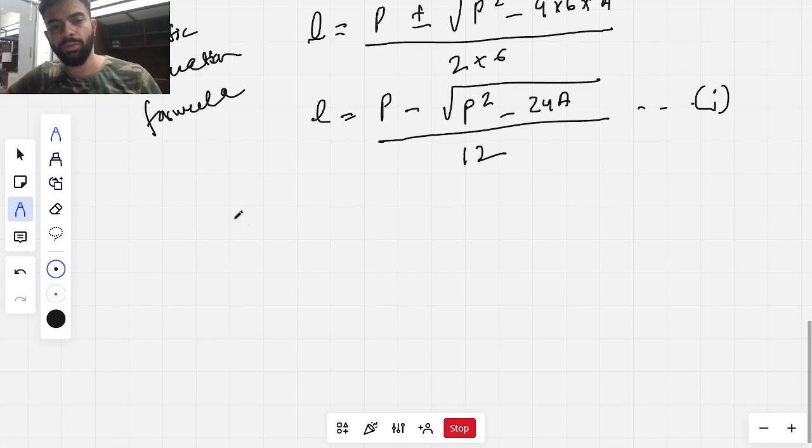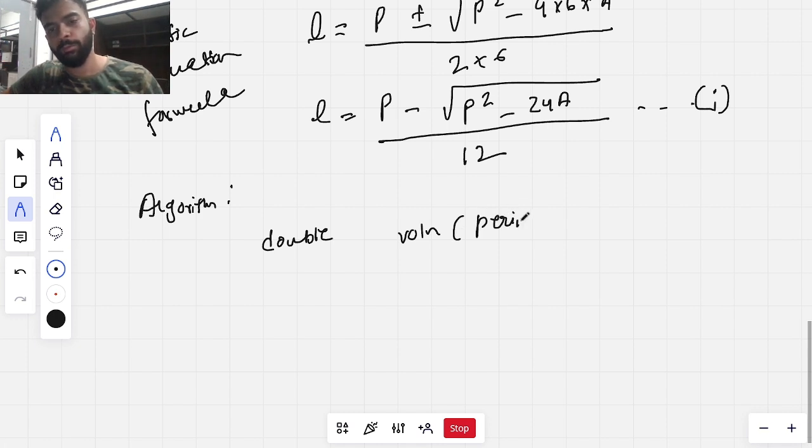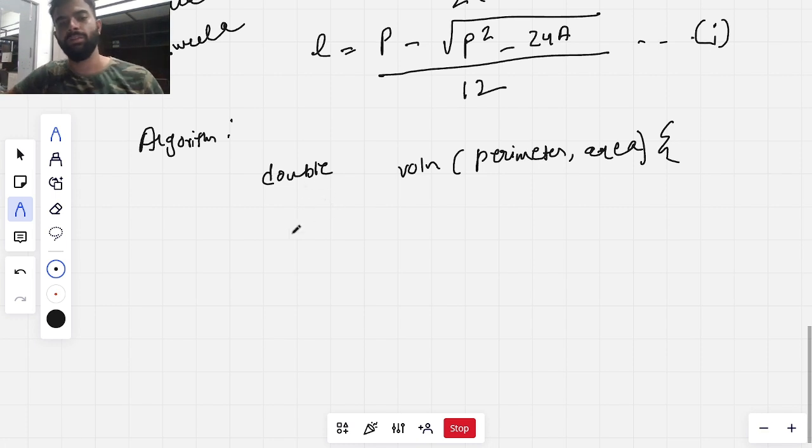So for volume, for the following function, the algorithm will be: double volume. We have perimeter and area. So we are going to find the length first.